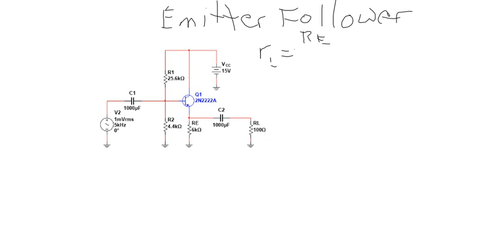And the collector shorts directly to ground. Remember, in AC, the VCC acts like a short circuit. So that's why we also sometimes call this common collector. When they say common emitter and common collector, they're using the word common to refer to ground. Common is just another word for ground. Anyway, little RL is going to be RE in parallel with big RL.